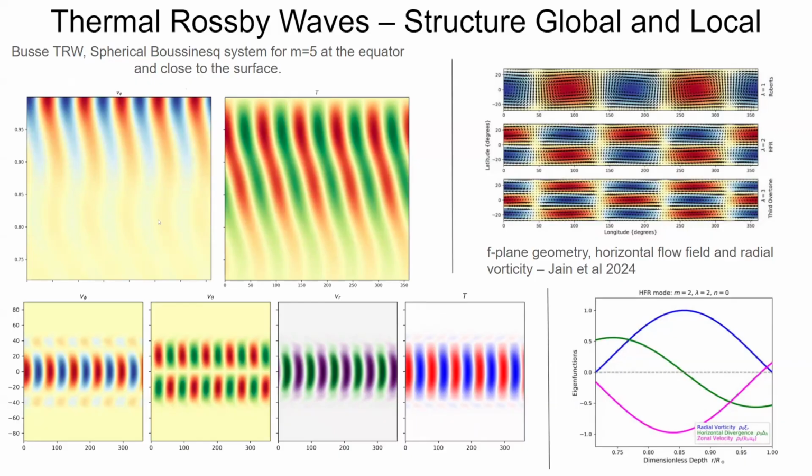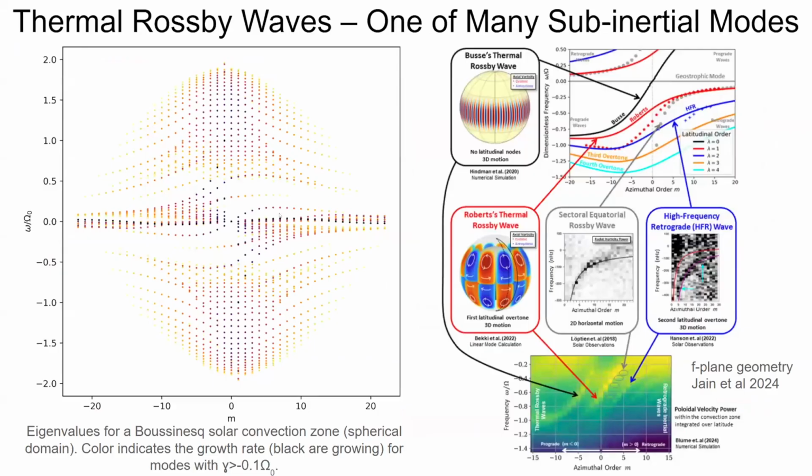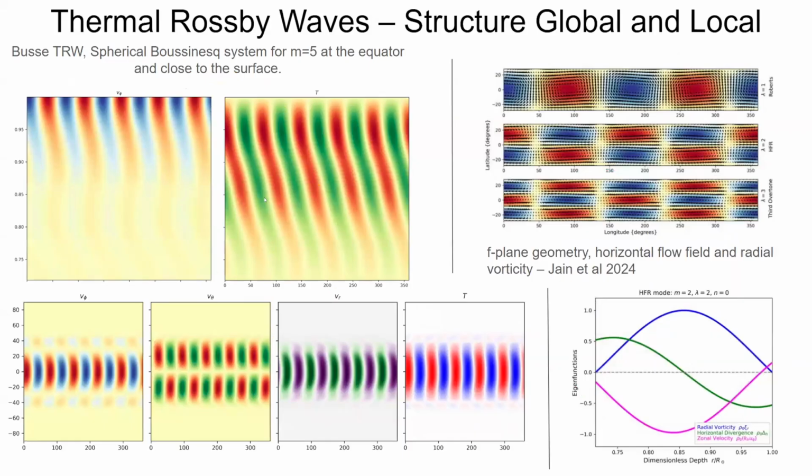So what you're seeing here is an eigenmode from one of the Busse modes at m equal 5. You can see these tilts that I'm talking about. So this is azimuthal velocity. You have temperature structures here in radius and longitude. And here we have the structure in latitude and longitude near the top of the domain.